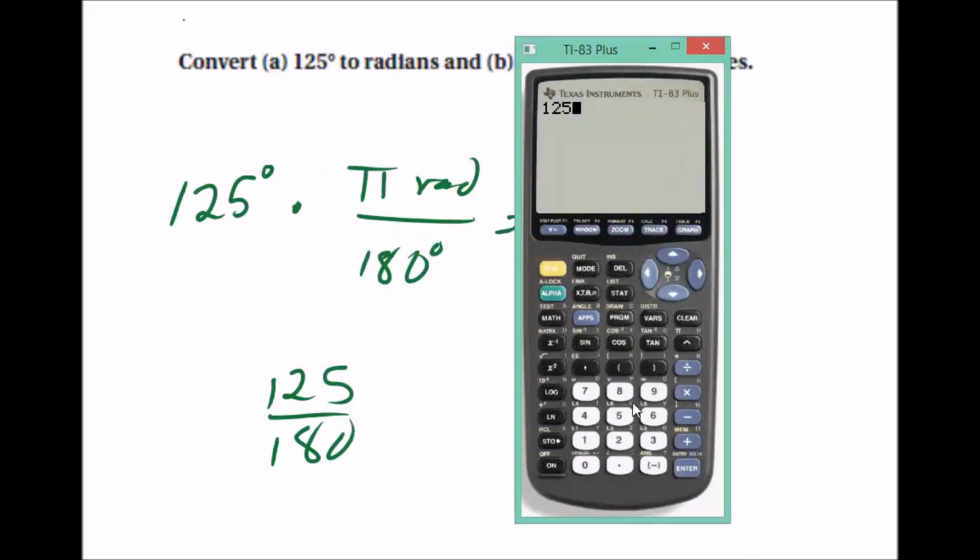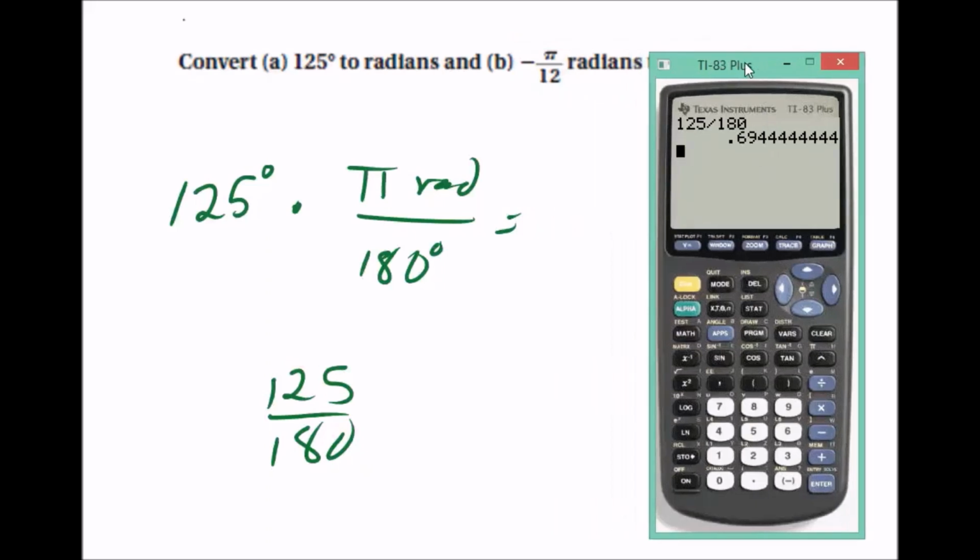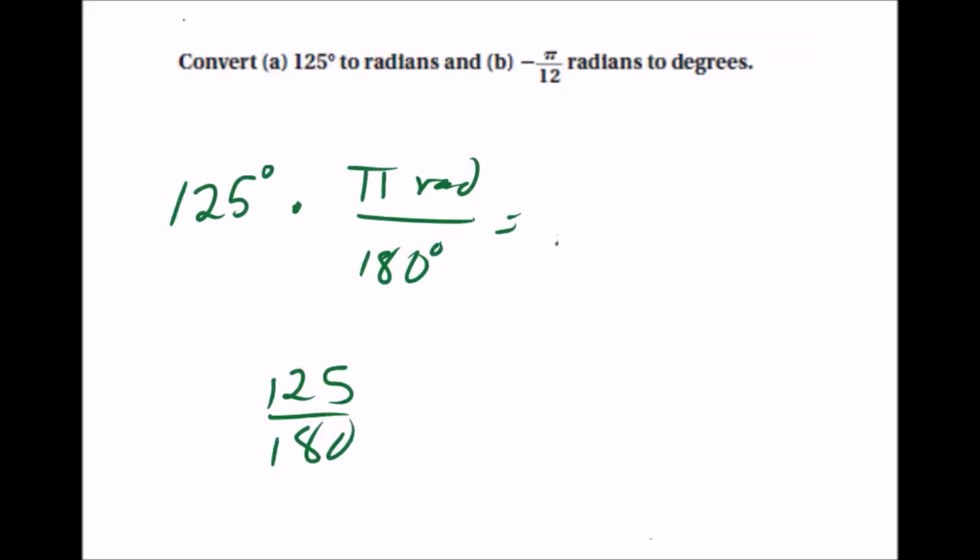We have 125 divided by 180. We get 0.69444. If we want to convert that to a fraction, I'm going to press math, turn it into a fraction. So 25 over 36 pi radians.